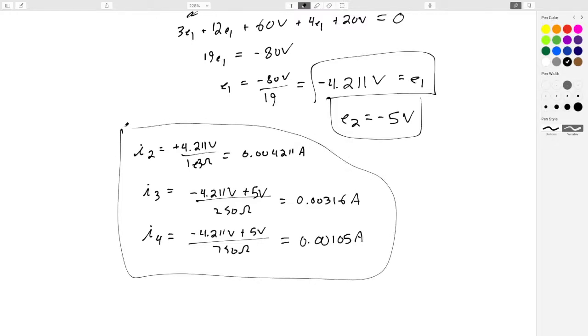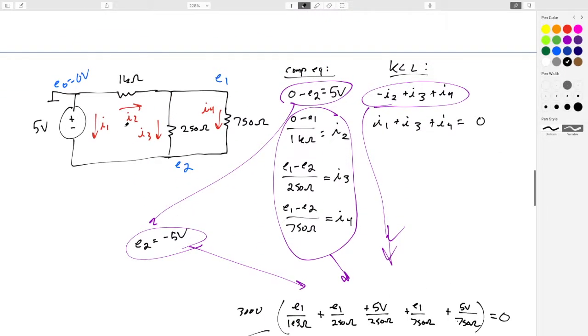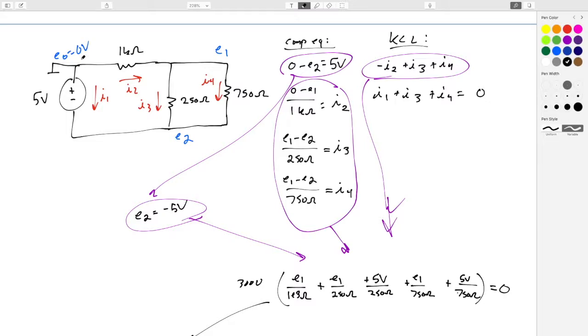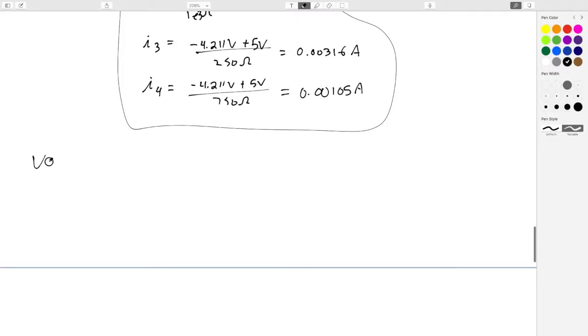And again, the node voltages are weird now, right? Because E1 and E2 are negative 5. But that's okay. All it's saying is the voltage across the voltage source is 0 minus negative 5, or 5 volts. The voltage across the 1 kilo ohm resistor, let's write these out. So Vs equals 0 minus negative 5 equals 5 volts.